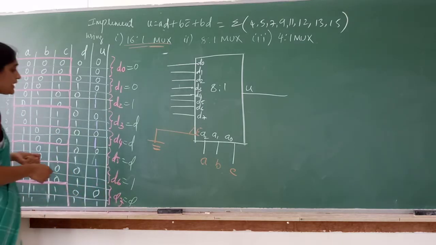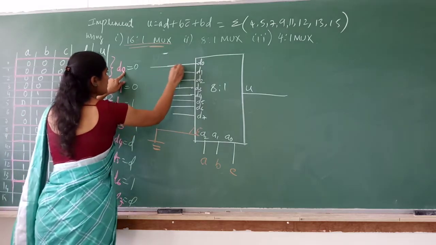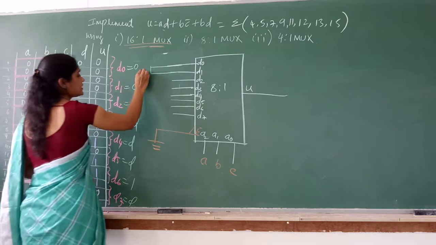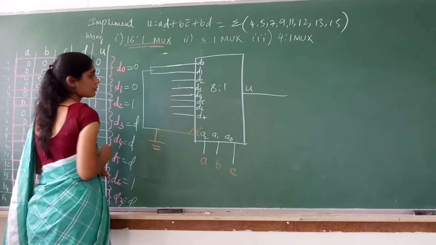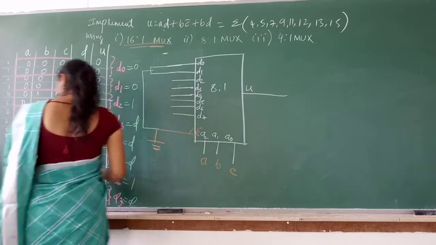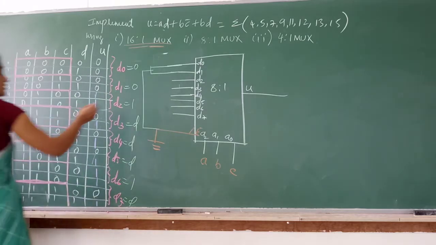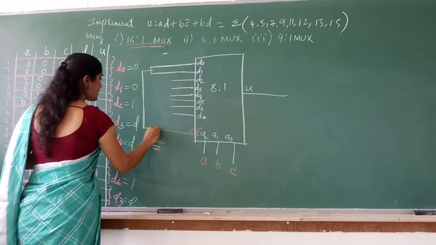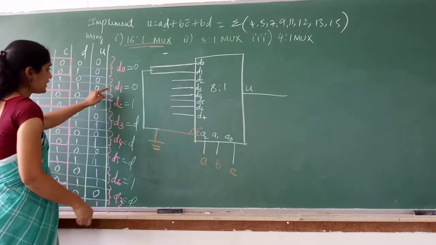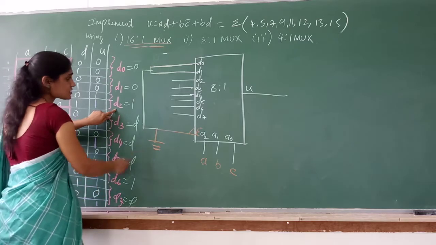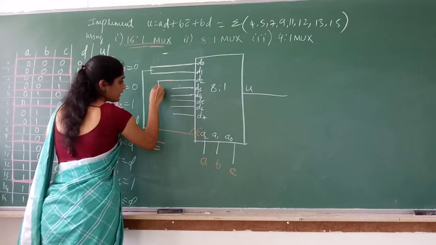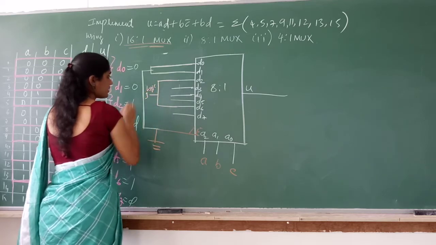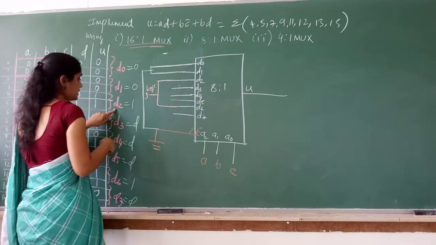Yeah. Now complete this circuit. D naught, D1 are connected to ground. So connect these to ground as they are taking logic 0. Then D2 and D6 to logic 1, or you can connect them to VCC.